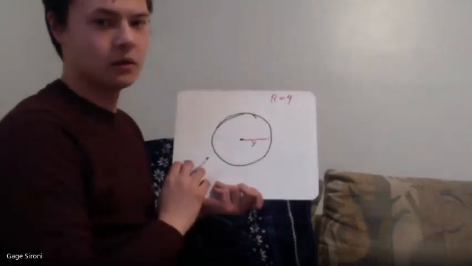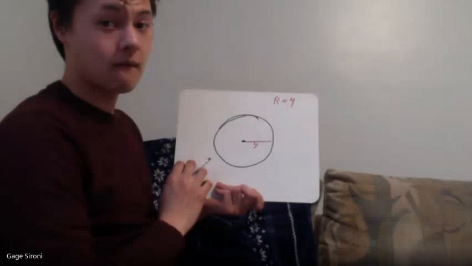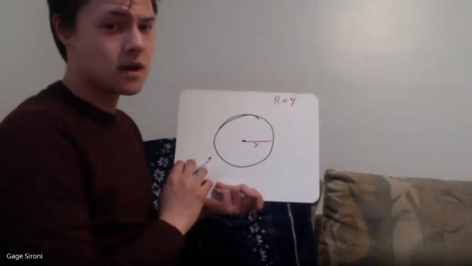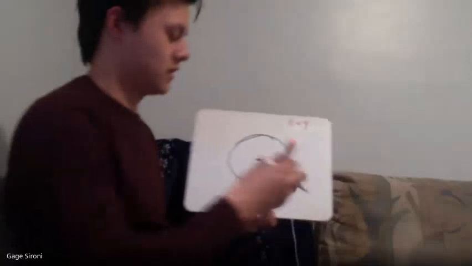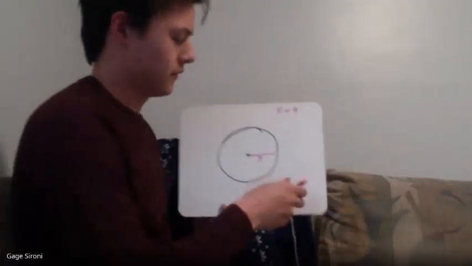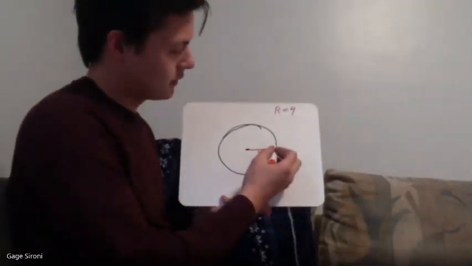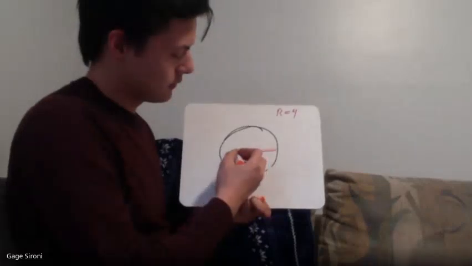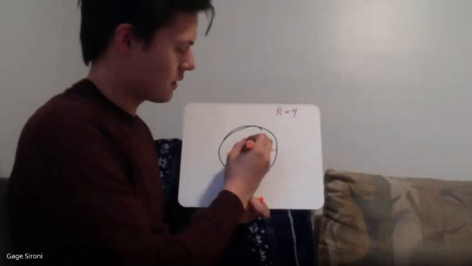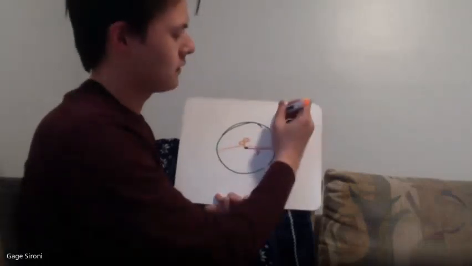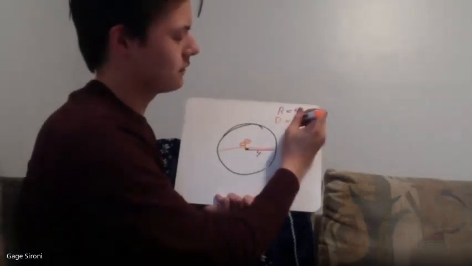Question is, what's the diameter of the circle going to be? Anybody? Any idea? Okay. Diameter of a circle is twice the radius. So twice 4 is 8. Diameter equals 8.